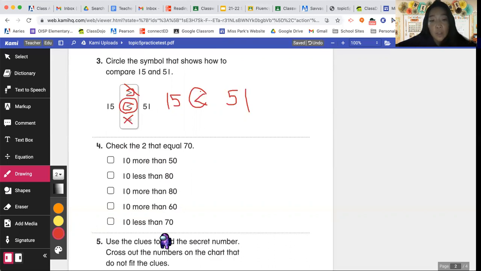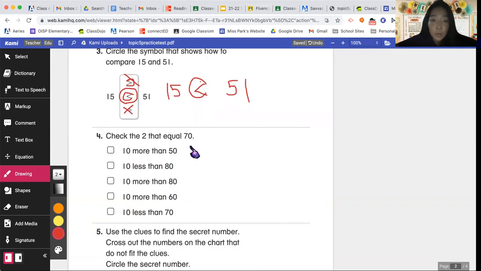So pause the video if you need more time. Now let's see what the answers are. 10 more than 50 would be 60. So it's not going to be that one. 10 less than 80 would be 70. If you need to use a hundreds chart on your test, I will allow it.